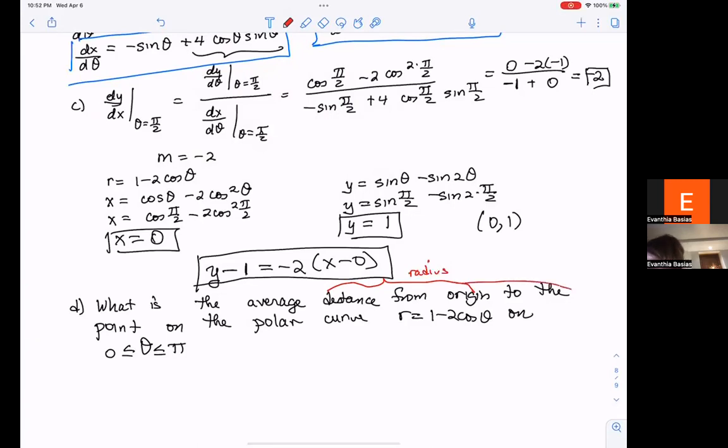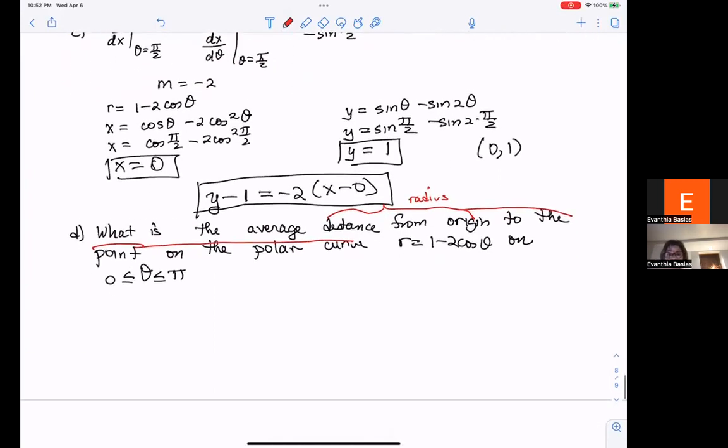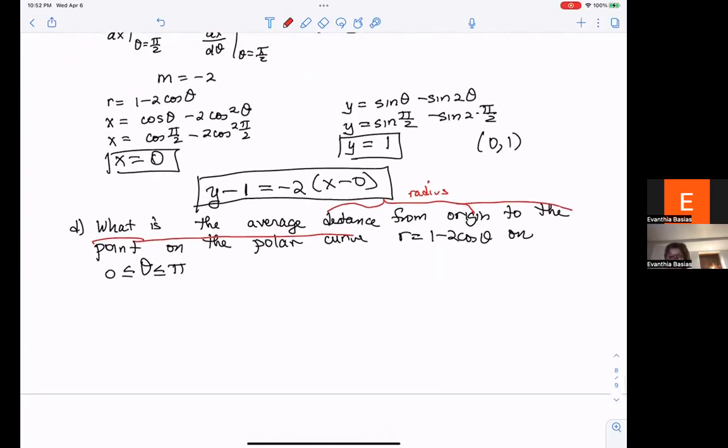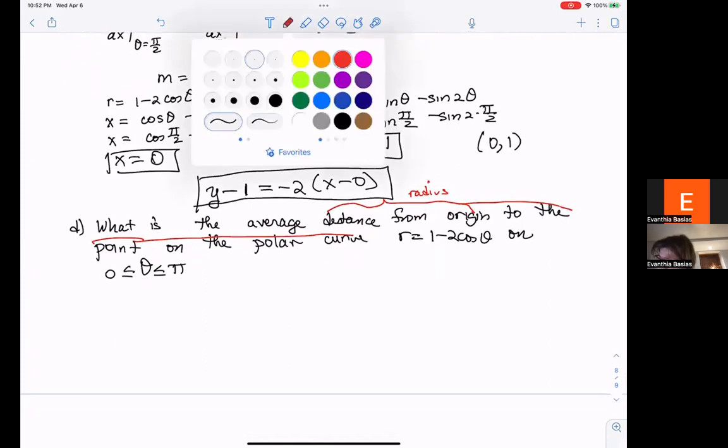Because the radius is really the distance from the origin to a point on the polar curve. All of that is another name for the radius, right? So what is the average radius of this limaçon on the interval from 0 to pi? So this is really asking for the average value of a function.